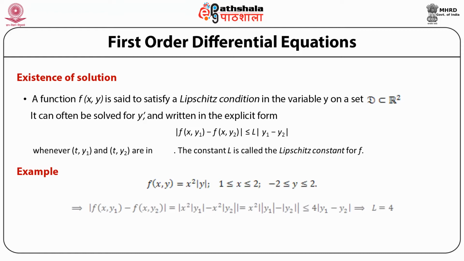Then |f(x, y1) - f(x, y2)| = |x²|y1| - x²|y2|| = x² ||y1| - |y2|| ≤ 4|y1 - y2|, which gives L = 4.